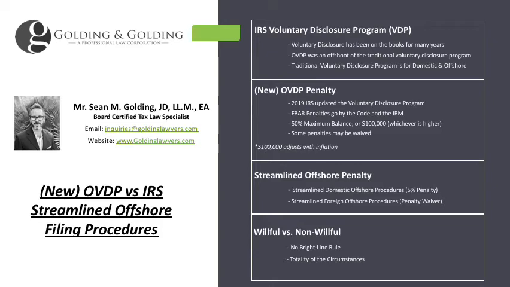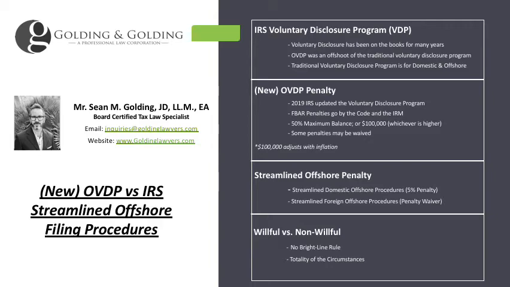Under new OVDP, the penalty goes like this. Let's compare it to the old OVDP, where it was a straight 27.5% penalty on the unreported assets, accounts, and investments, or 50% if there was a bad bank involved or a foreign financial facilitator that was considered bad.